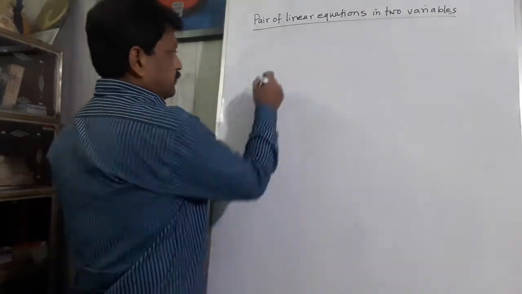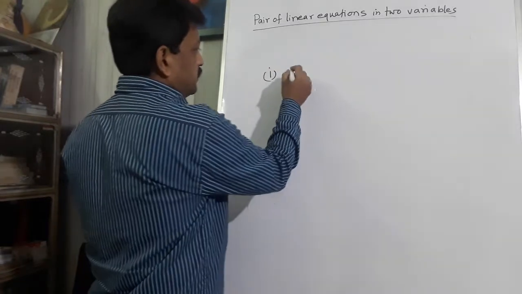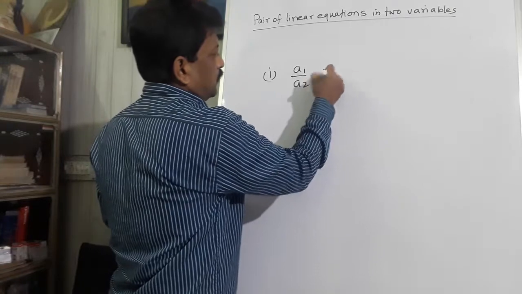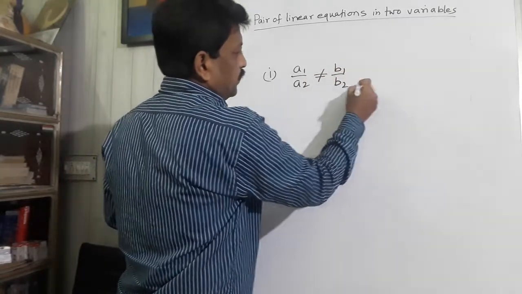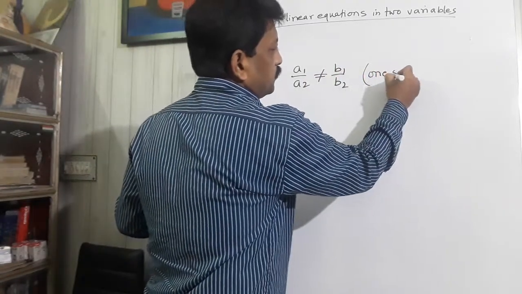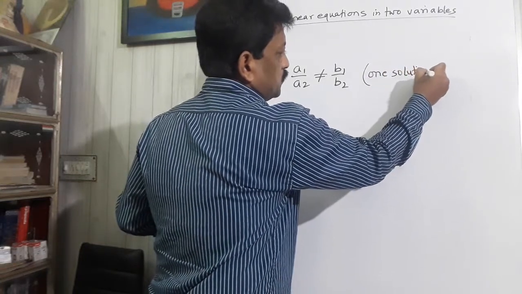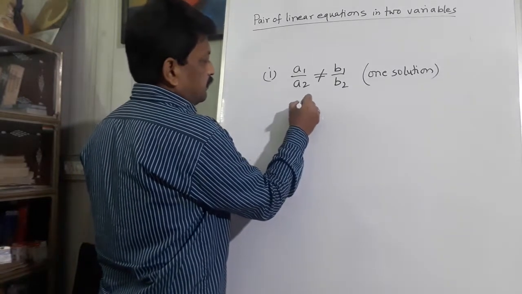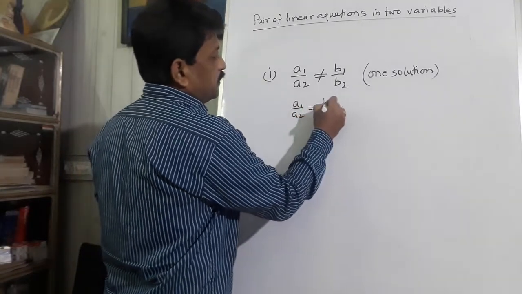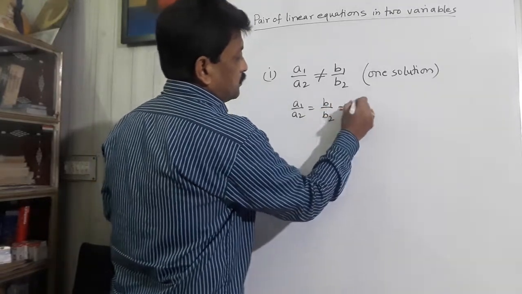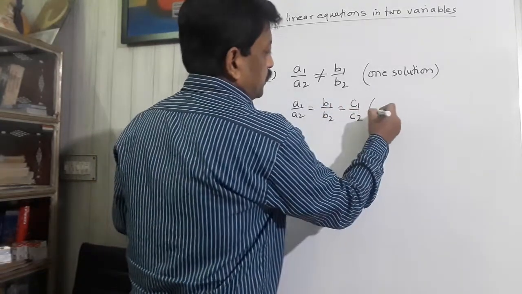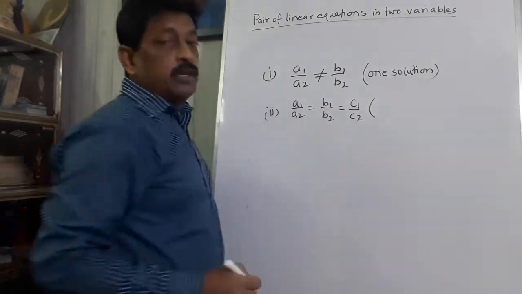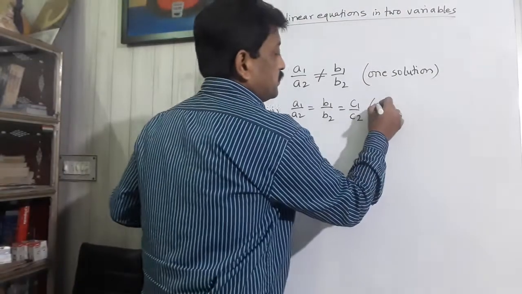In the first case, that is a1 by a2 not equal to b1 by b2, it has one solution, that is a unique solution. And in the third case, that is a1 by a2 equals b1 by b2 equals c1 by c2, they will be coincident lines and will have infinite solutions.